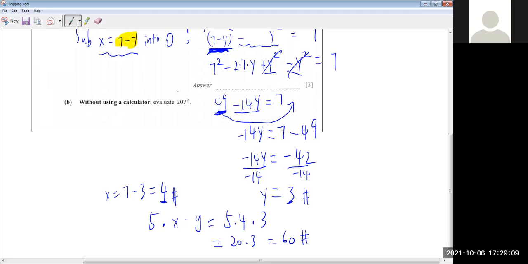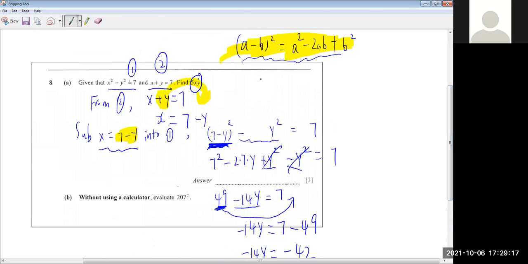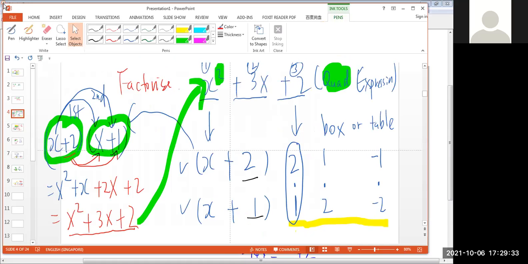Okay, so for this question, you need to be able to see that you have an equation 1, and then you have an equation 2. Then once you have equation 1 and equation 2, you can actually use the substitution method, which we talked about here also.